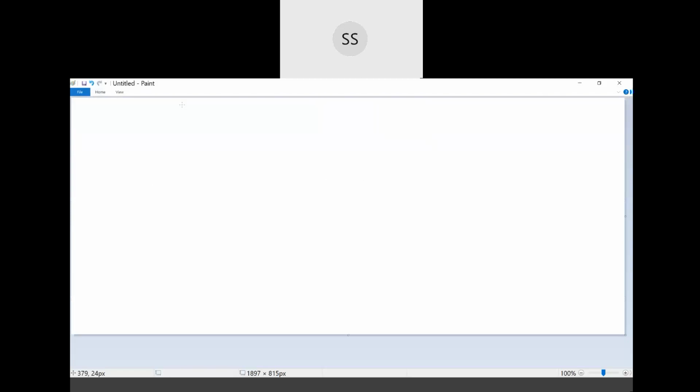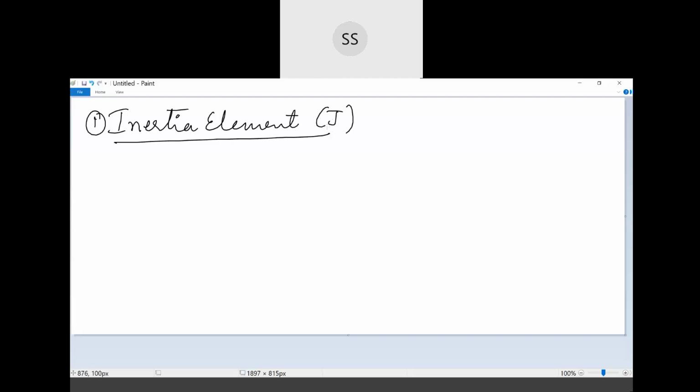So first one is the inertia element J. So what is the torque balance equation for this?